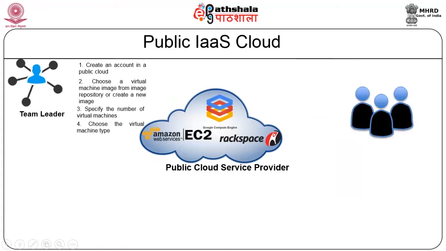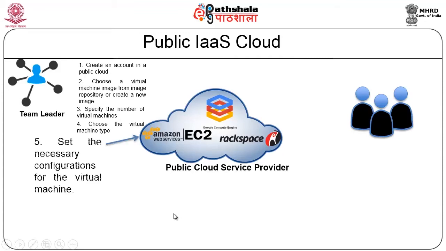So, we go back to our discussion of what happens to this team leader when she wants to hire a set of virtual machines infrastructure from a public cloud. She chooses the specific virtual machine type, and then she sets the necessary configurations for her team to use.